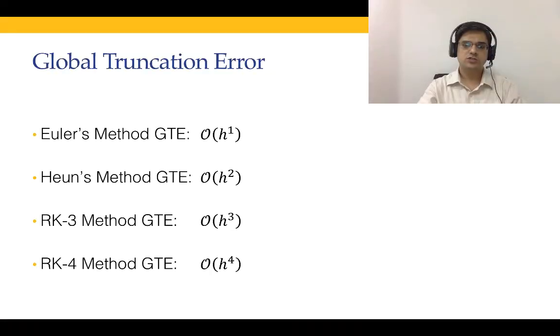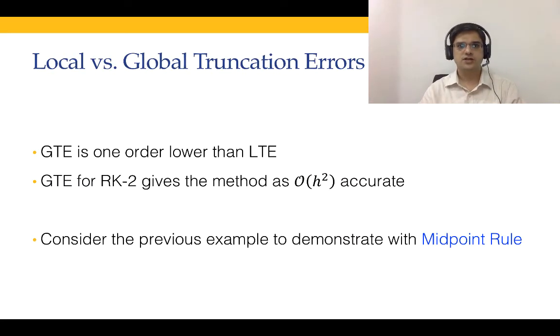Okay, so this was the discussion about global truncation error. Local truncation error is one order greater accurate than the global truncation error, just like what we had seen earlier in numerical integration. The global truncation error of RK2 method gives us the method as h to the power 2 accurate. RK4 method is h to the power 4 accurate.